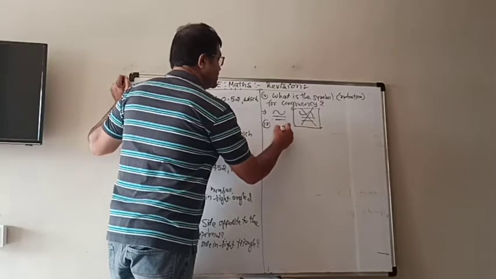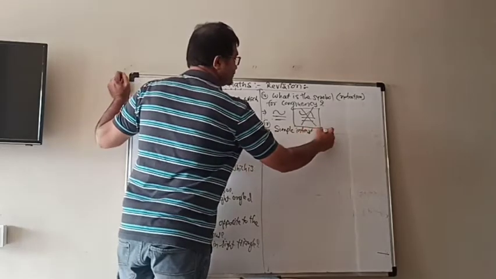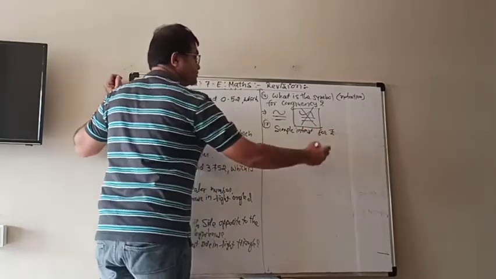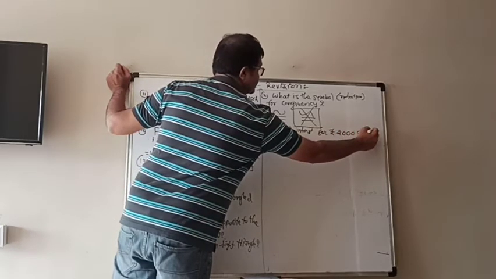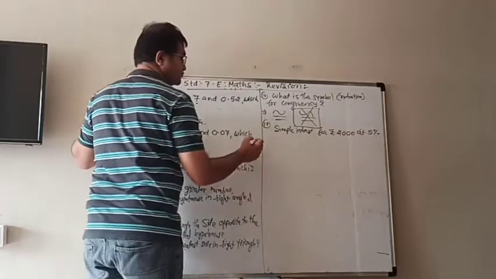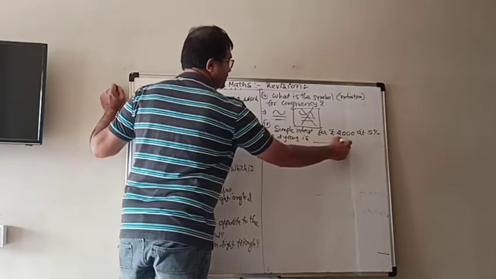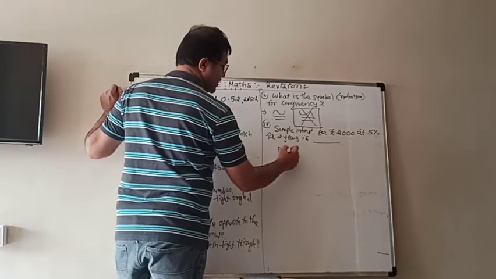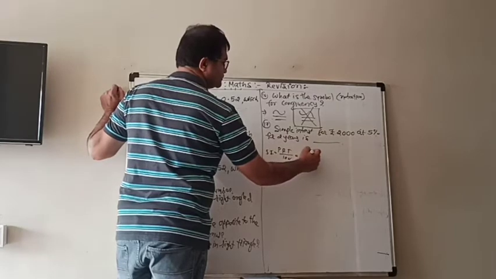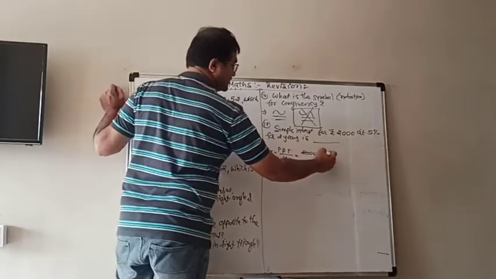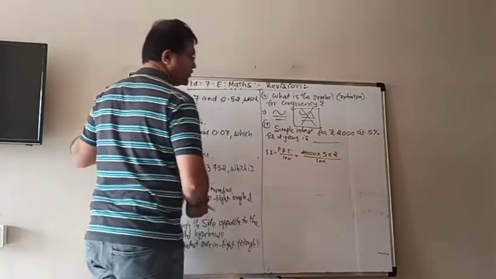Next, simple interest for rupees 2000 at 5% for 2 years is blank. We know that SI, simple interest, is PRT upon 100. P is 2000, R is 5%, T is 2 years, upon 100.